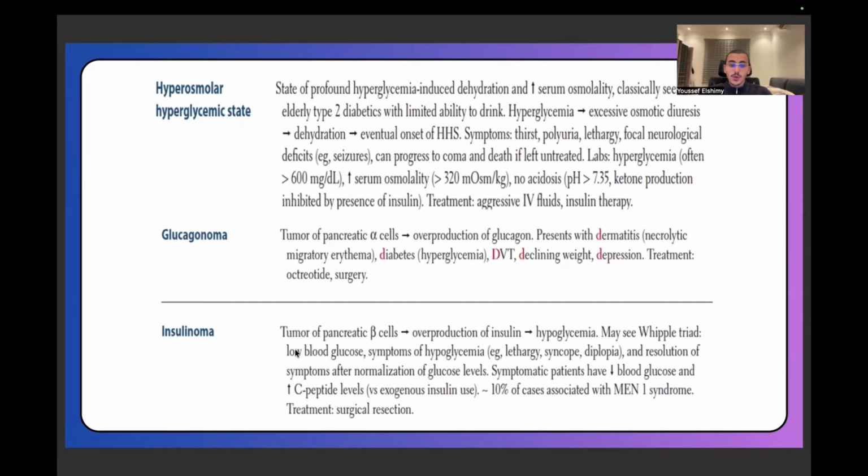What would we find? Low blood glucose, symptoms of hypoglycemia like lethargy, syncope, diplopia. The acute treatment is the normalization of blood glucose levels, where we give glucose. Treatment is surgical resection.